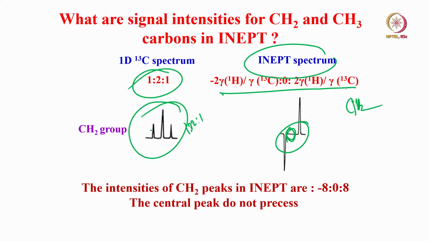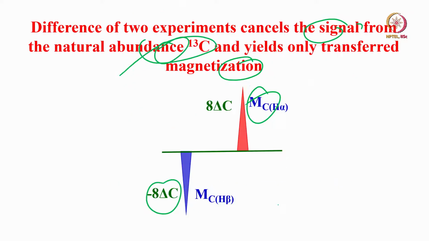Because I told you the central peak will not precess, you do not have to worry about it, that is 0 intensity. Only the outer components have a change in intensity, which goes by the ratio of the gammas of proton and carbon, and this is the enhanced intensity you are going to get. So minus 8, 0 and plus 8 for the enhanced intensity, and the central peak does not precess and you do not give it any enhancement at all.